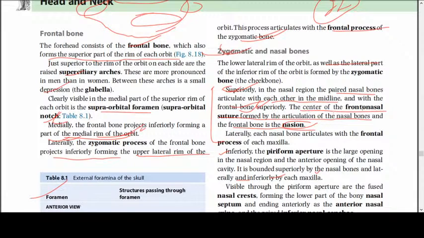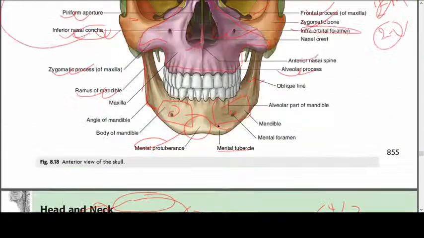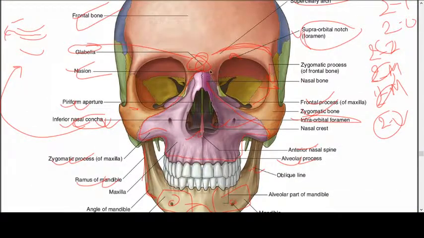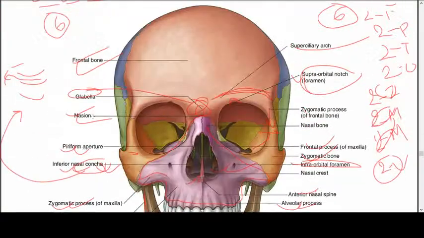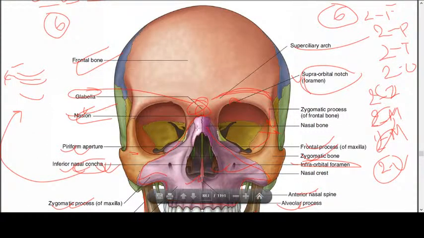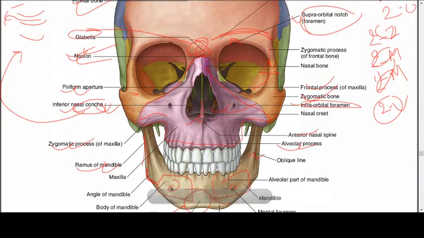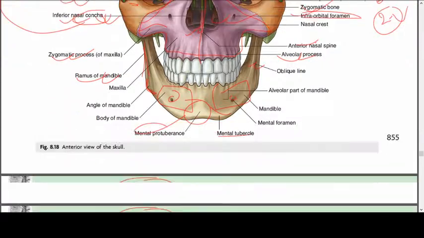The center of the frontonasal suture is formed by the articulation of the nasal bones and the frontal bone, and this is called the nasion. Nasion is right here. This is the nasal bone, formed by the articulation of the two nasal bones. This one is the midline.